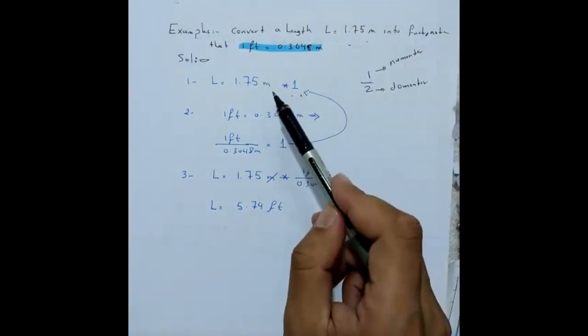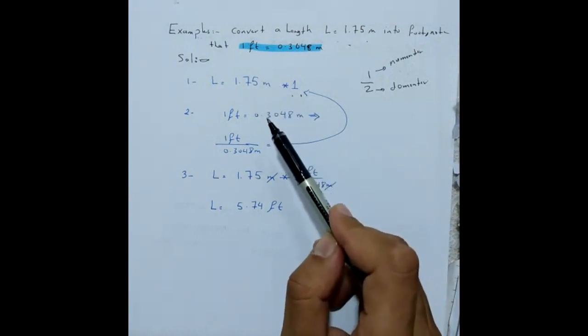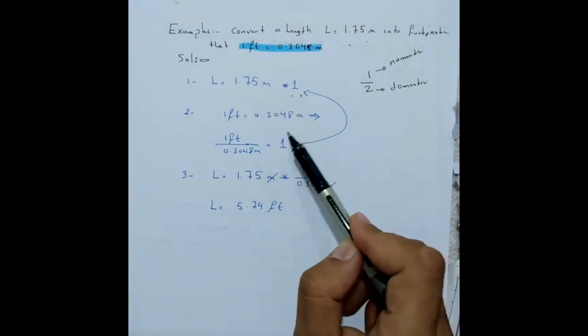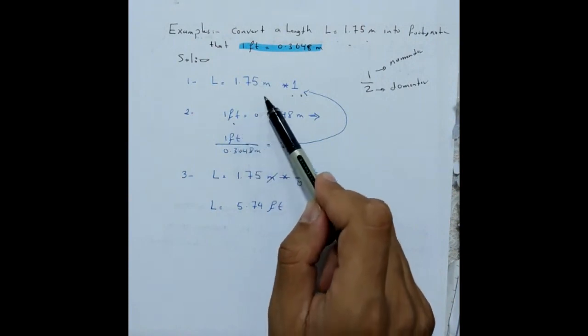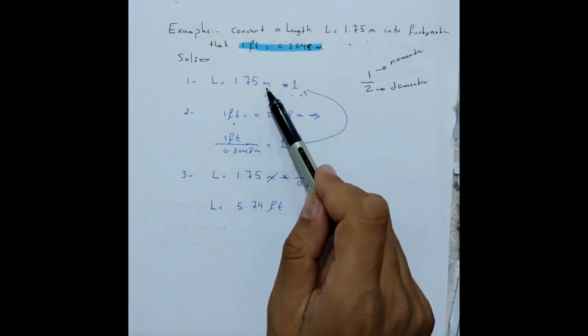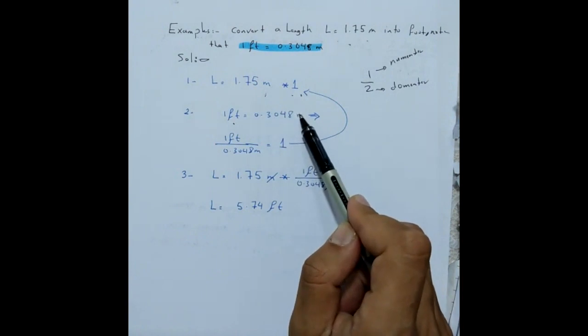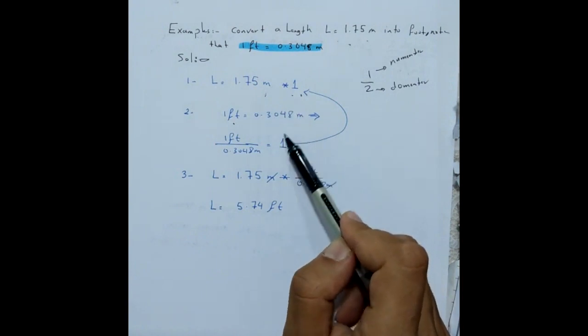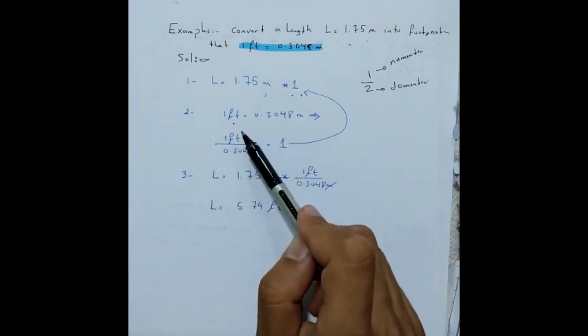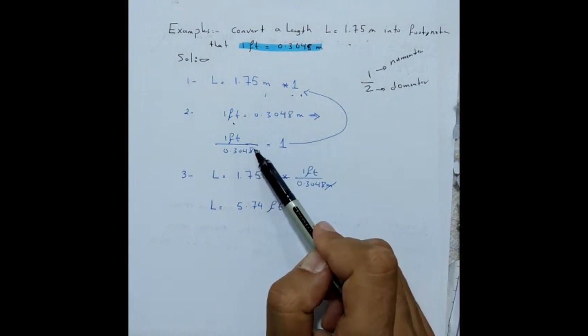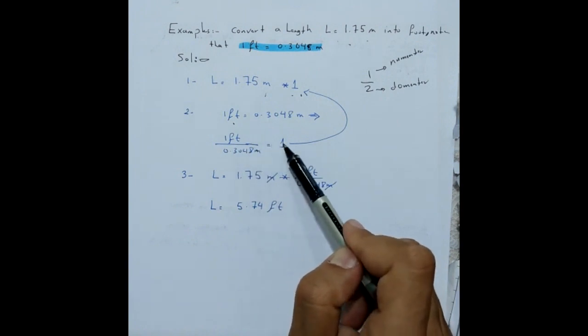Because we have meter on the denominator in the first step, in the conversion factor the meter will be on the denominator again. Again, in the first step, when you have meter as a denominator, in the conversion factor the meter will be on the denominator. So I will divide 1 foot over 0.3048 meter.